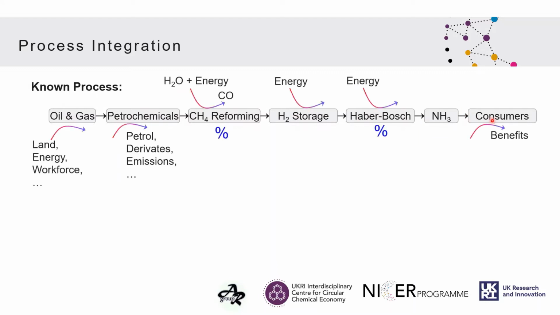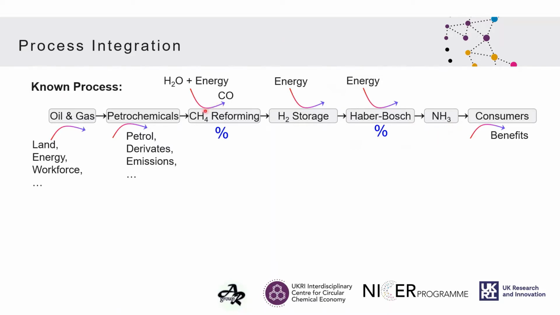So we look at what we require for this process. Obviously, we need to extract the petrol, get this methane, then methane with water and some energy. We have hydrogen, we need to store the hydrogen, which requires some energy, and then finally we convert the hydrogen with nitrogen from the air to generate ammonia.